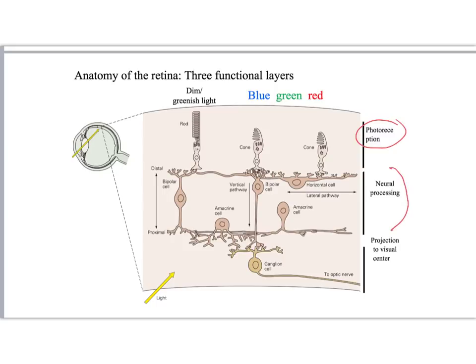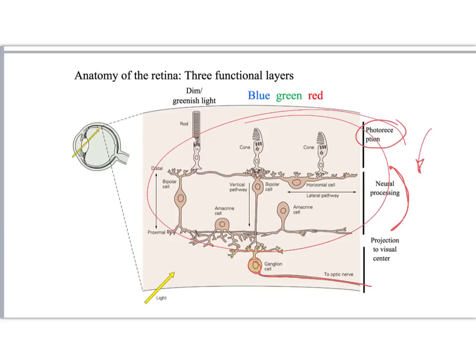There's an intermediate layer that is essentially taking care of neural processing of information that comes from the photoreceptor layer. And then there's the ganglion cell layer; the retinal ganglion cells are the only ones that project deep into the brain and convey all the information from the retina to the brain.